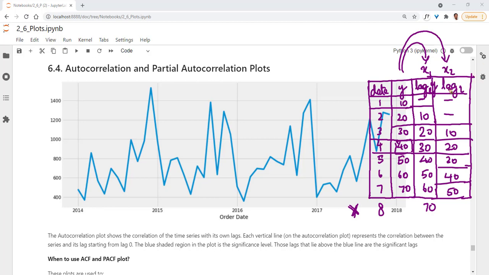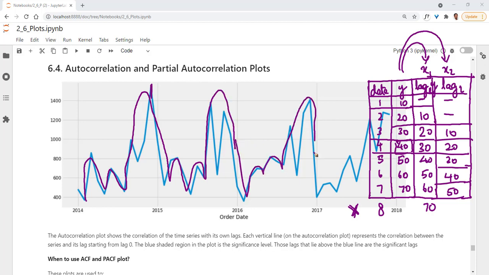Now, what is interesting to note here is suppose your data is at a monthly level. Look at this graph. Say this point. This graph has a certain pattern that repeats every year. So this data point is not just dependent on its previous value. It is also dependent on the value of the series that is 12 months before it.